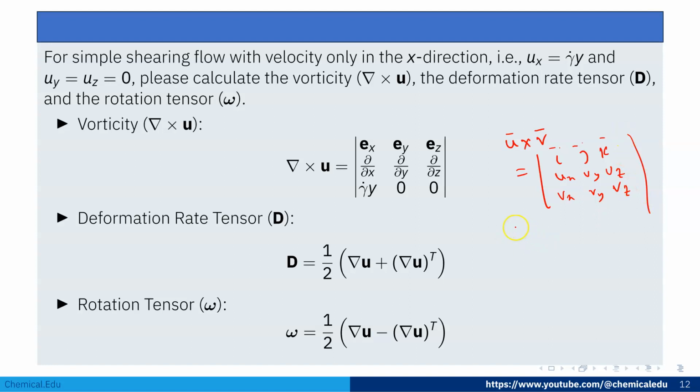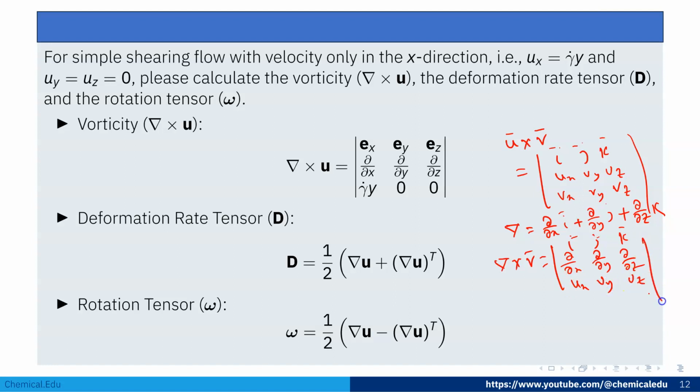Now here nabla is nothing but dou by dou x i plus dou by dou y j plus dou by dou z k. Now when we do that cross product, it will be i, j, k, then dou by dou x, dou by dou y, dou by dou z, and the velocity components ux, uy, uz. That is what we are putting here.